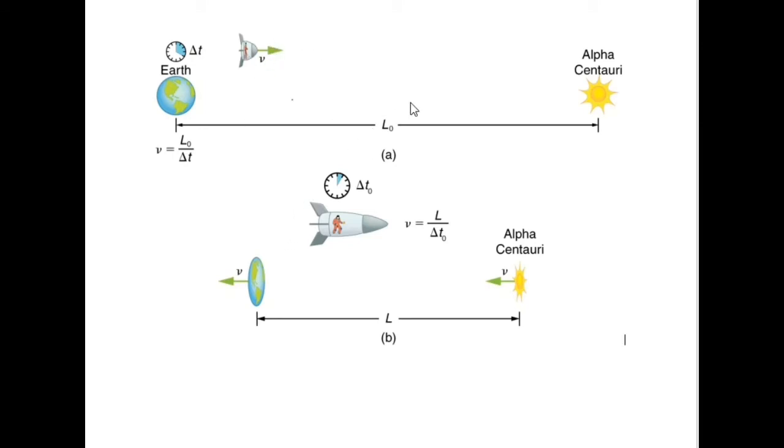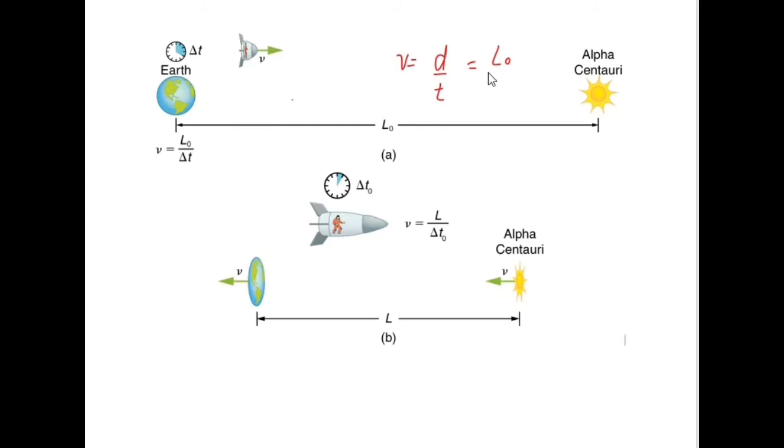Now, let's derive the equation here. For the velocity, again, the velocity is distance over time. So, here, according to the observer on Earth, the distance the spacecraft traveled is L naught, which is the proper length from the Earth to the Alpha Centauri.